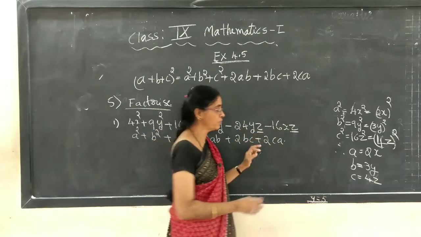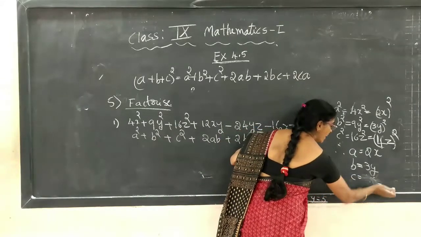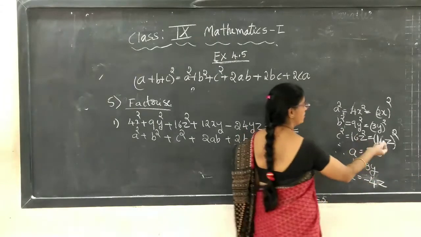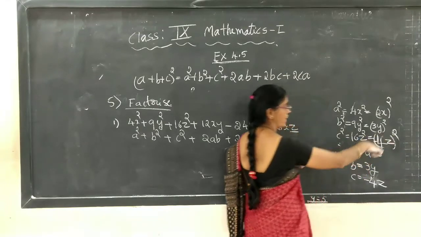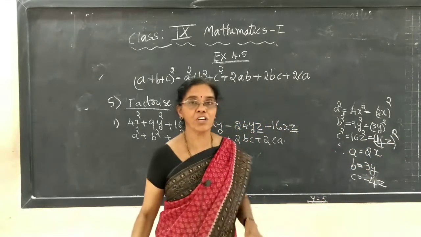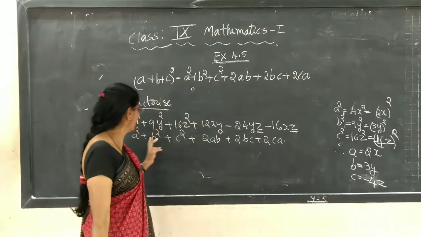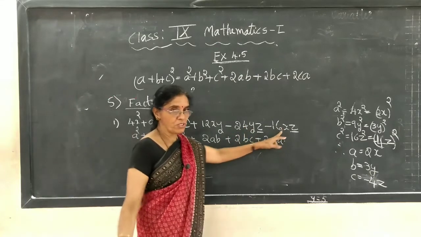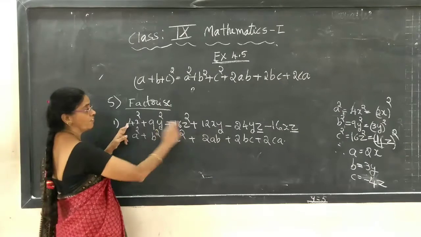So in place of c, I should take minus 4z, because minus 4z into 4z is 16z square, and here you will get two negative terms. So try to write the given problem in this pattern.